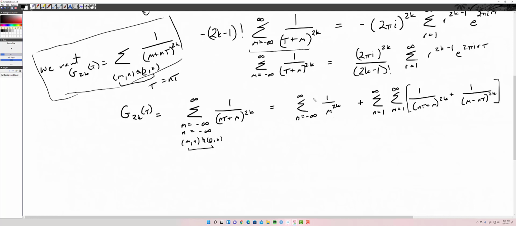And we're going to use, first of all, the definition of the zeta function here. This winds up being, oh, I'm sorry, m can't be 0 here, right? Otherwise, both would be 0. So this is 2 times zeta of 2k. And this here winds up just being 2 times this positive case here.